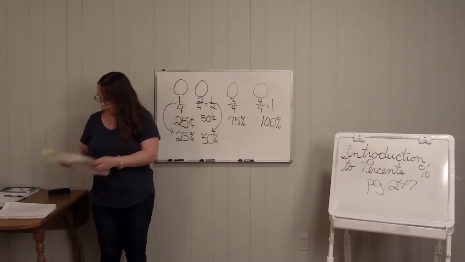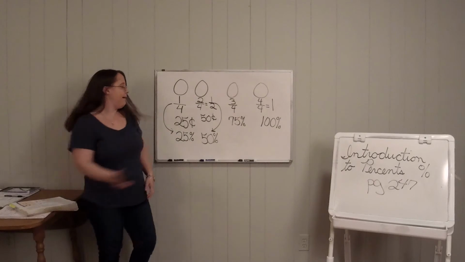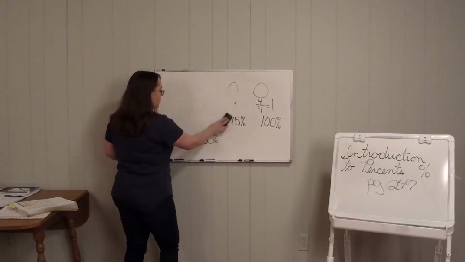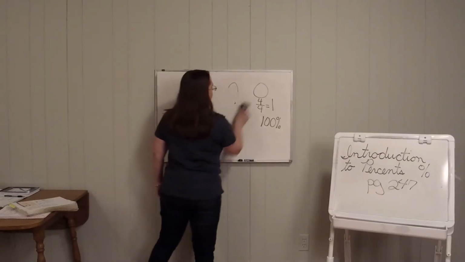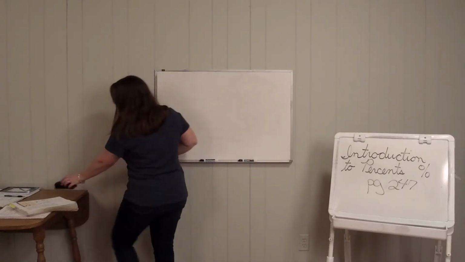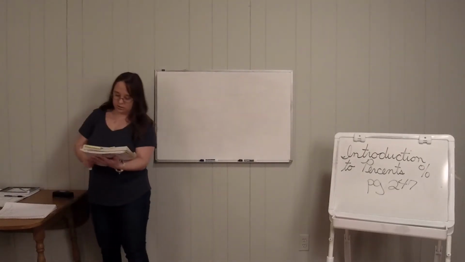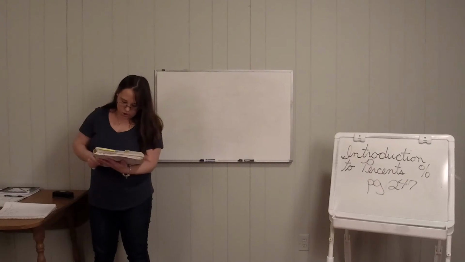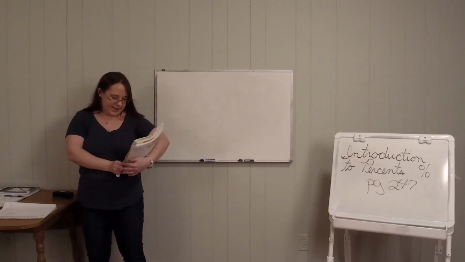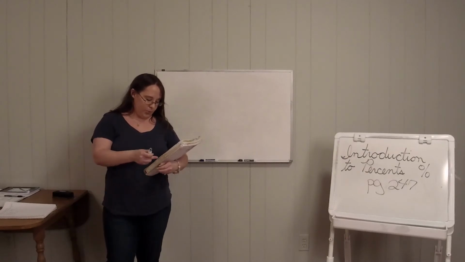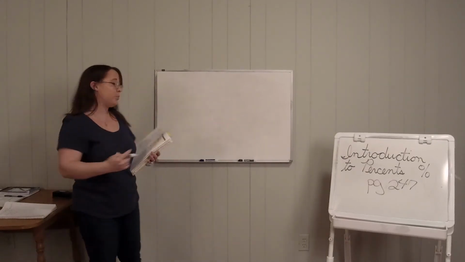Now, I want you to look at the following problem. There's only one I think you might have a problem with. If you look at number 2A, it says write the fraction and the percent for the blue part of each group.